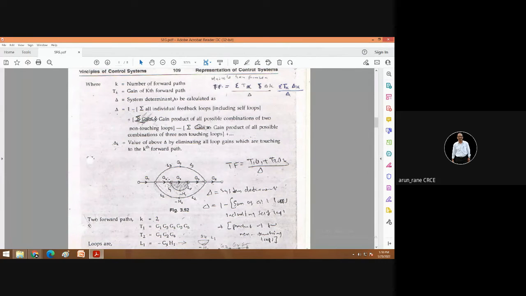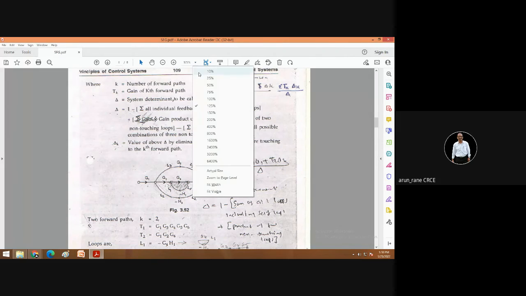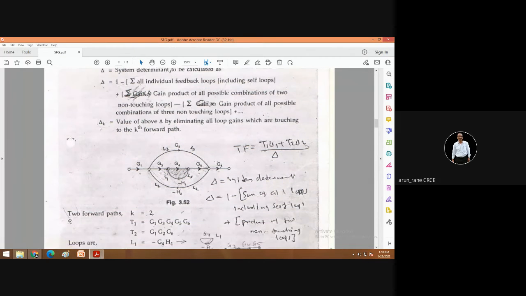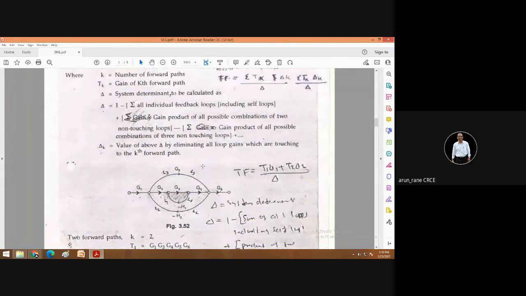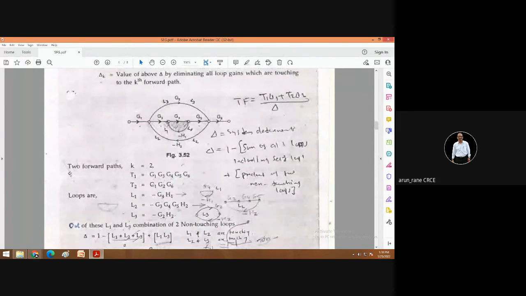Let me zoom in a little: G1, G3, G4, G5 and G6. Okay, so this is the gain of the first forward path. Then T2 is G1, then G2 and then G6. This is the gain of the second forward path.